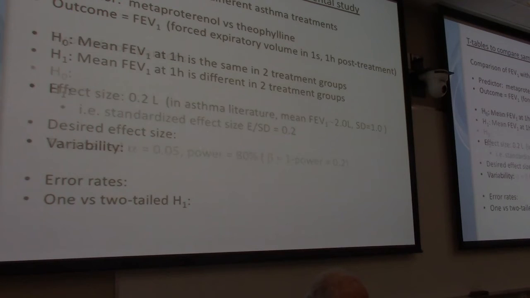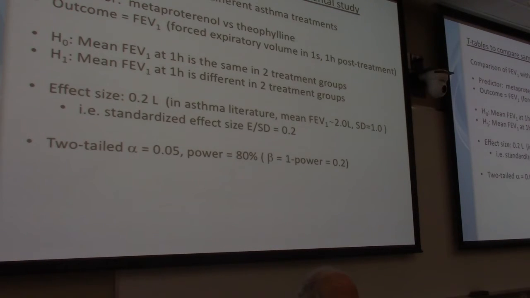And appreciate, though, that you may miss a difference of 0.2 20% of the time. It's good to go with the higher number if it's feasible, because inevitably something happens and you end up getting less power than you expected. So 90 is good, but let's do this one with 80.